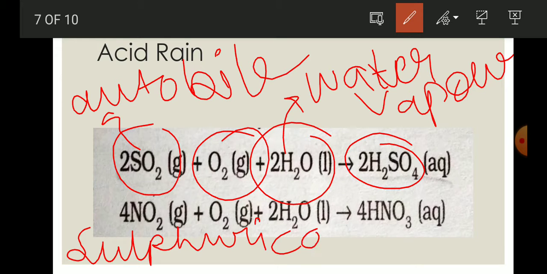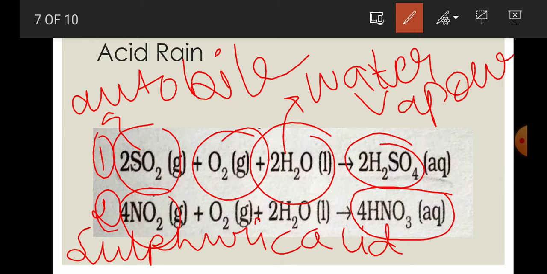Okay, and here in the next reaction, this is the first, this is the second. And in the second reaction, what is happening here? The nitrogen dioxide, or the oxide of nitrogen, when combined with the same two things, the oxygen and the water vapor, will again form an acid which is now known as nitric acid.